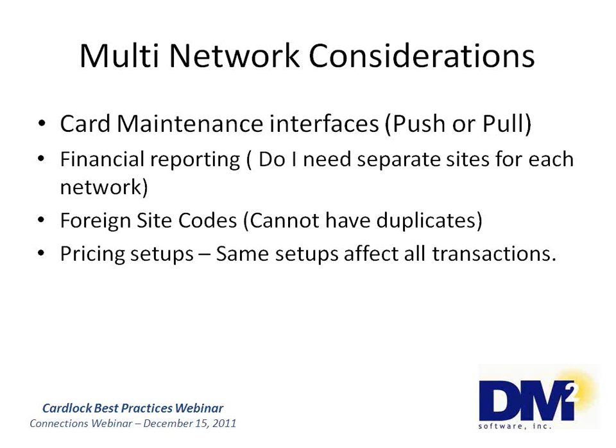Other multi-network considerations: card maintenance interfaces. Pack Pride pulls data out of Mass 90. CFN pushes data into Mass 90. So they're very different there. And basically, first of all, those are the only two card maintenance interfaces we have.